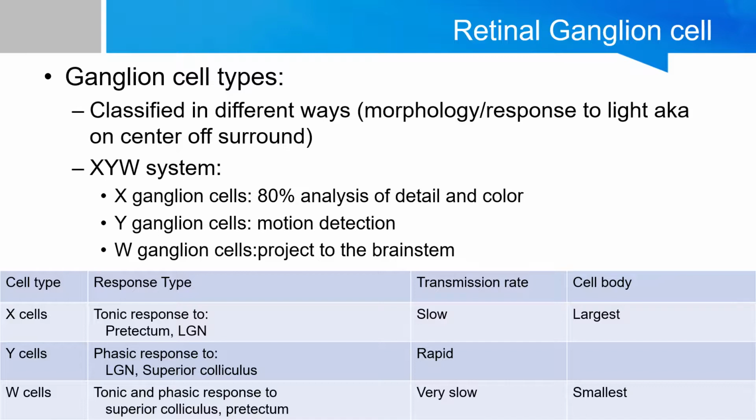In the case of Y cells, because we know that it's responsible for motion detection, we know that in order to detect motion, we have to see the stimuli and then move the eyes to detect motion. And so therefore, it needs both the LGN and the superior colliculus for both conscious vision and the eye movement reflex. And that leaves us with the X cells, the pretectum and the LGN as the only two that haven't been used twice.